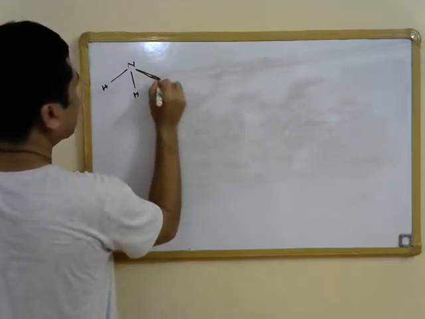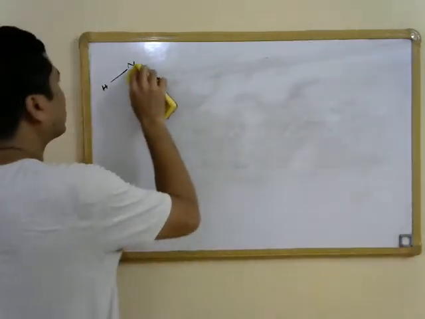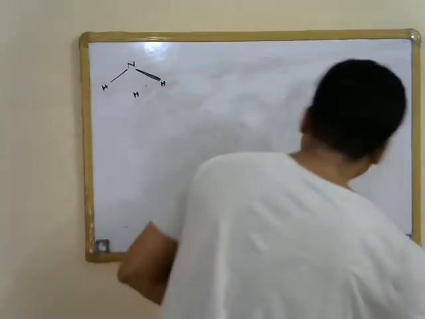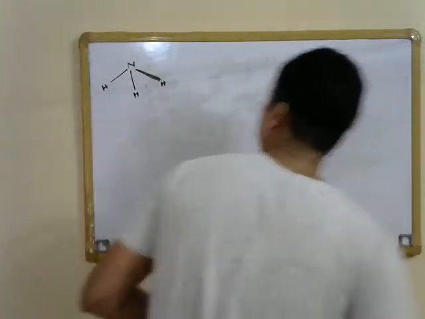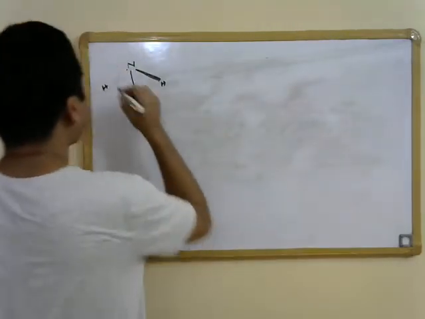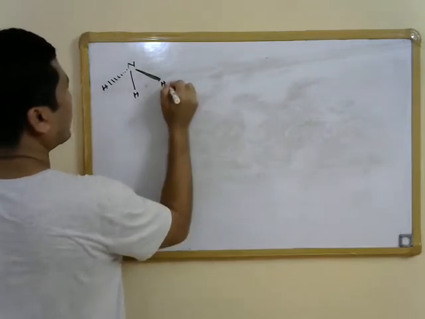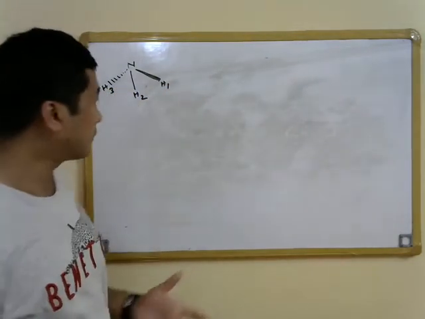It is three-dimensional. Let us draw the three-dimensional picture here. Let's draw it in this way. H1, H2, and H3. Let's label the hydrogen atoms.